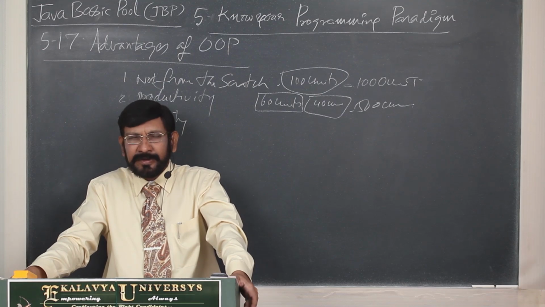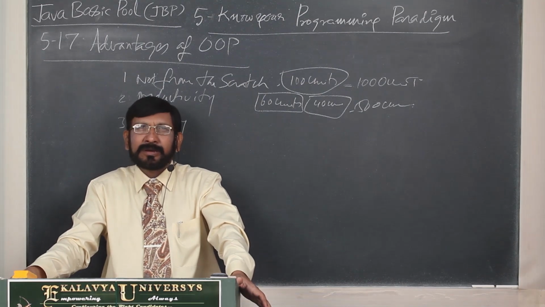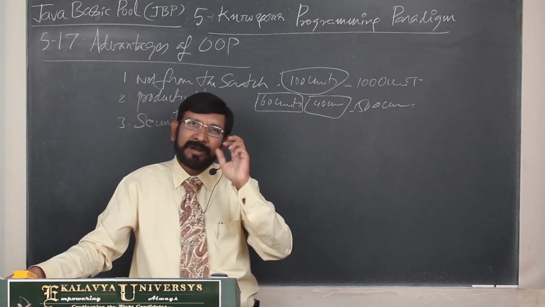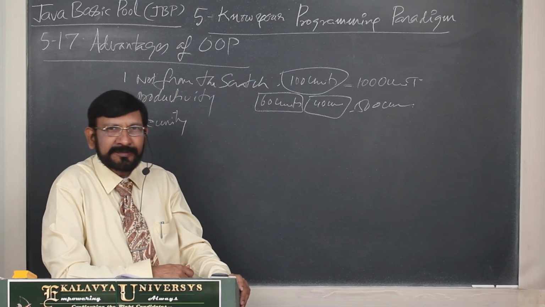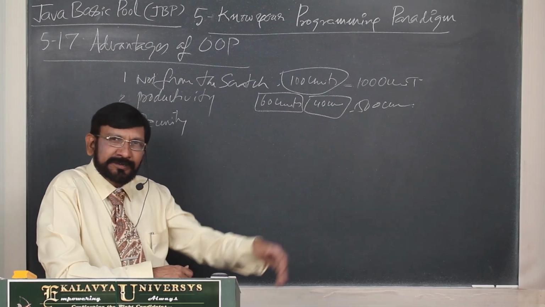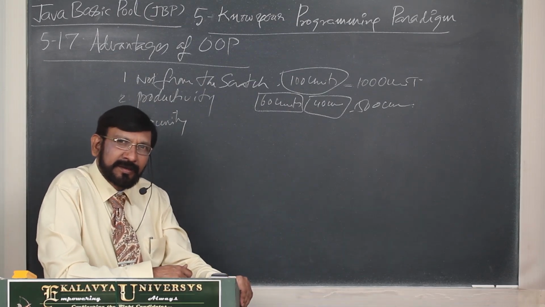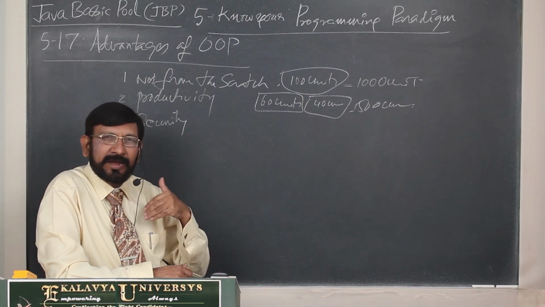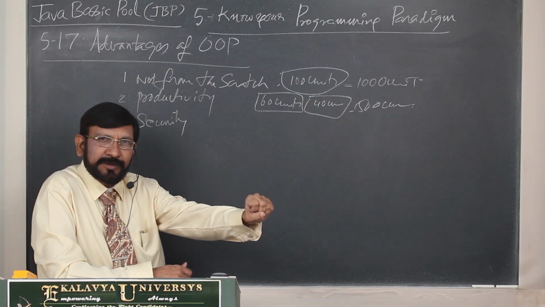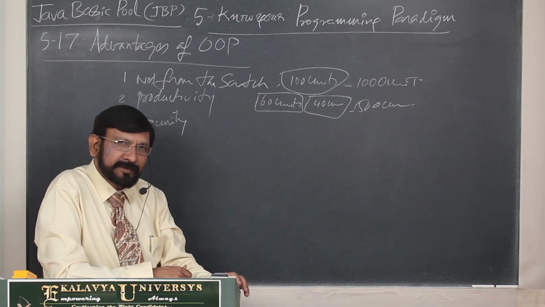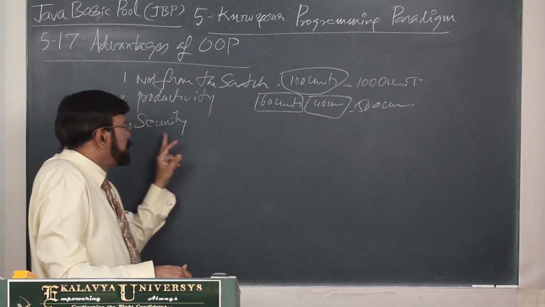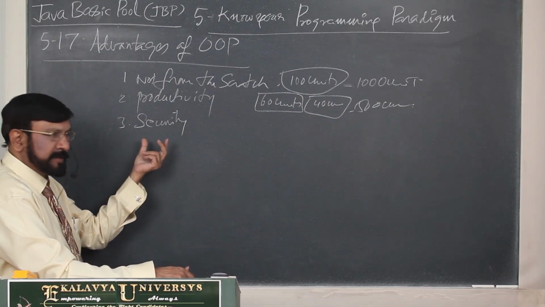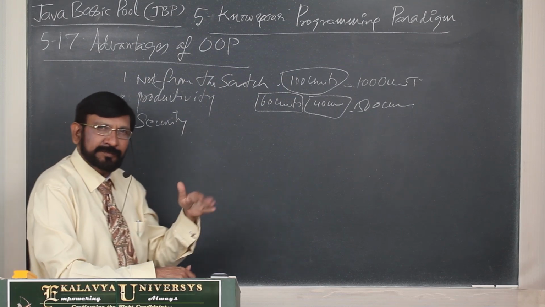Anybody can tamper and withdraw your balance. People would not be interested in using bank ATMs. Nobody would be interested to take a bank ATM card. Understand? If you feel that your money is 100% secured, then you are interested in using the systems. So security is a very important, vital feature in all systems.